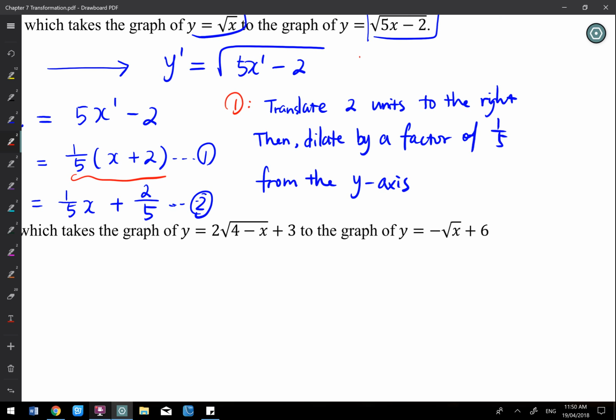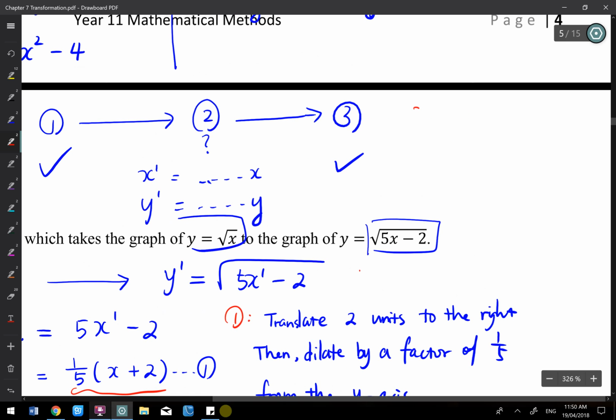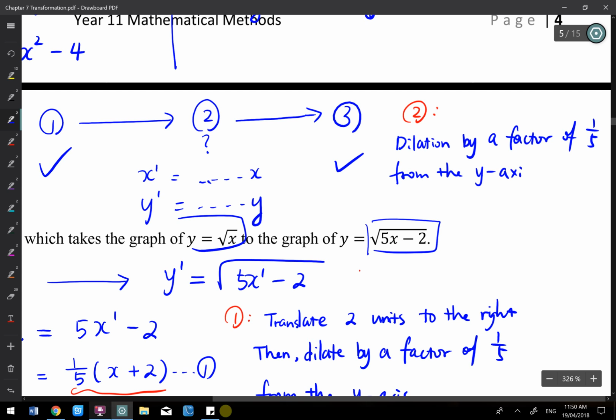But if we really want to follow the DRT order, I will use number 2. Number 2 gives me dilation by a factor of 1/5 from the y-axis, then translate 2/5 units to the right.